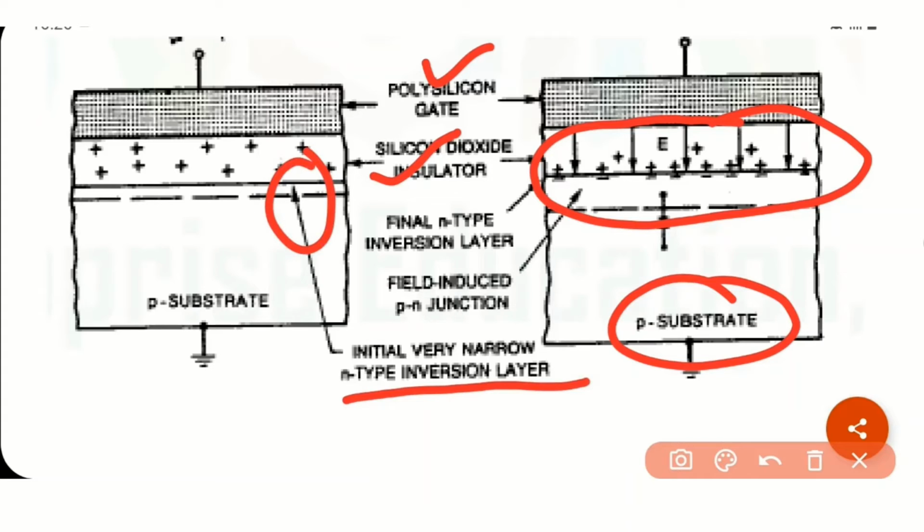It is shown here. A small layer is there because of a few negative charges, but on the right hand side a complete inversion layer is being formed, because that is now the thick one, earlier was the thin one.